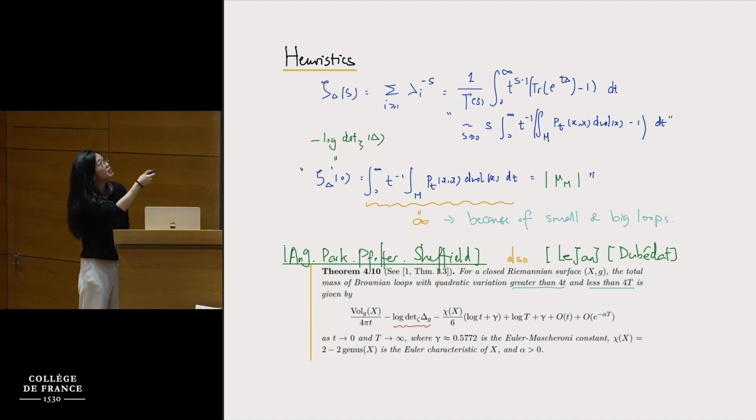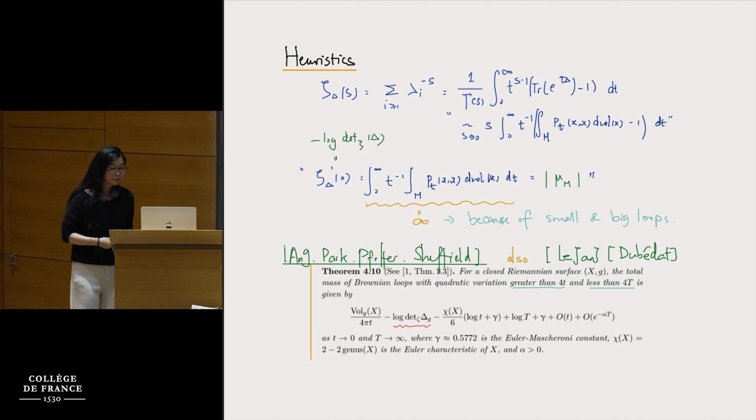But if I take the derivative in s and take its value at s equal to 0, the right-hand side doesn't have s in it, so you just get this term, and I also ignore this minus 1. What I would get is this integral of t^(-1) p_t(x,x) volume. And that's exactly what the mass of the Brownian loop measure would look like.